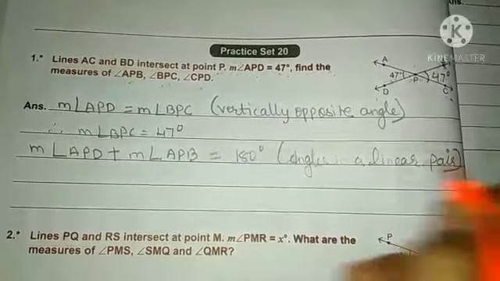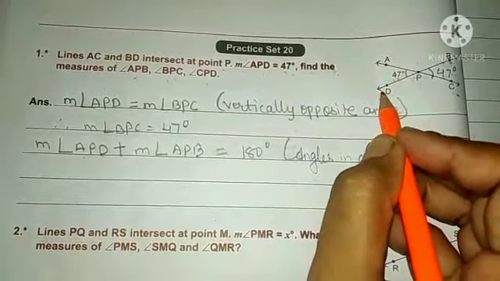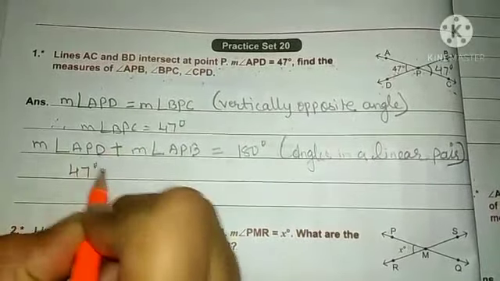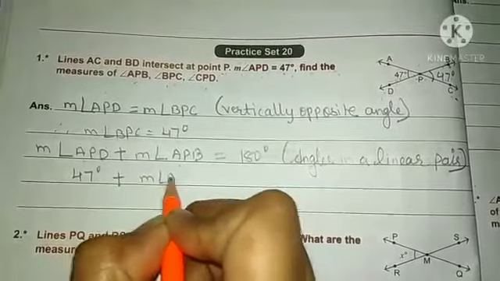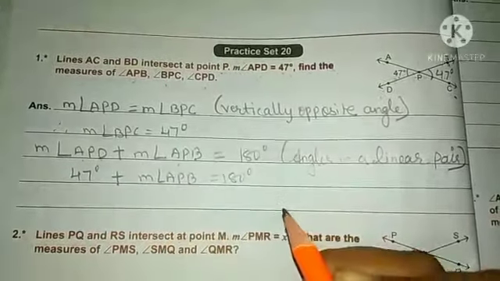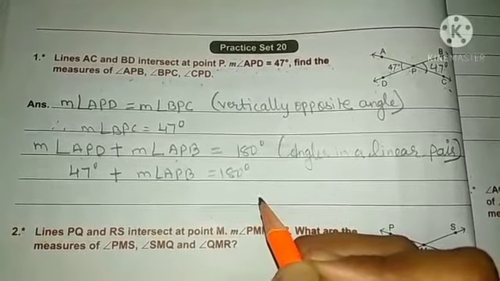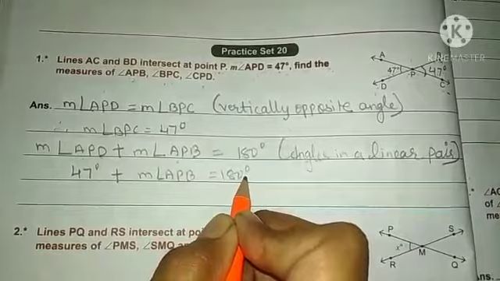Understood everyone? So here measure of angle APD is given, that is 47 degree. We don't know the measure of angle APB. So here we will write down 47 plus measure of angle APB as it is equal to 180 degree. Clear? Now how you will do the calculation? This 47 you will take on the right hand side with 180.